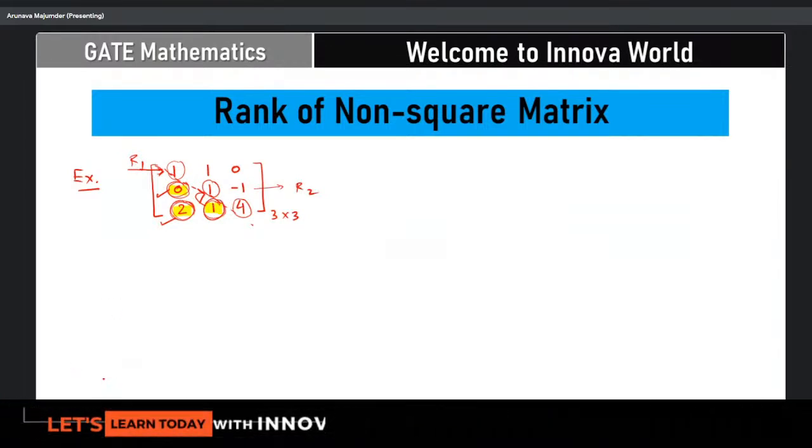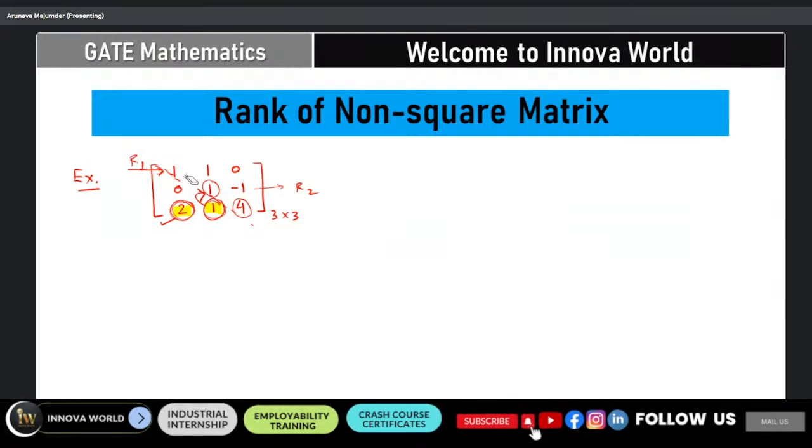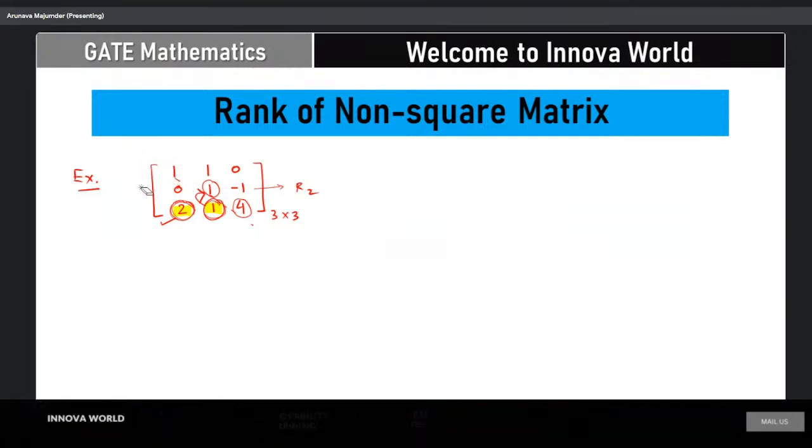So let's find the rank of the matrix according to the methodology I suggest.